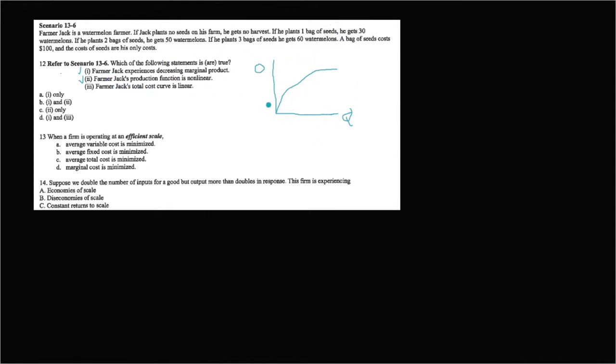So this is not a linear function. And the total cost curve is linear? No, it is not. Now we're going to have this be price, and total cost is like this, because he has diminishing marginal product. So A and B.